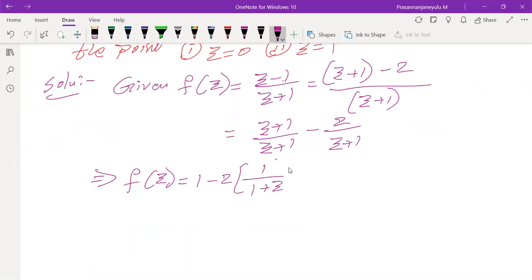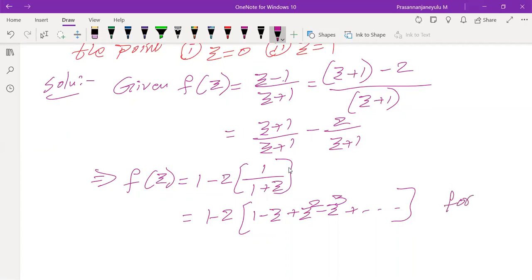What is the expansion of 1 by 1 plus z? 1 minus z plus z square minus z cube plus and so on. We are using this for the second time, and this expansion exists for modulus of z less than 1.